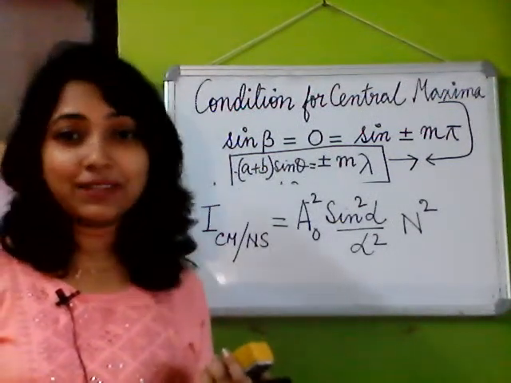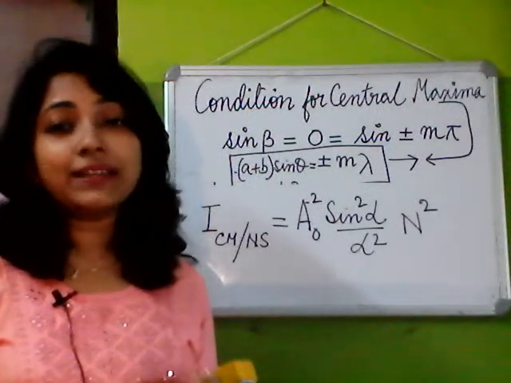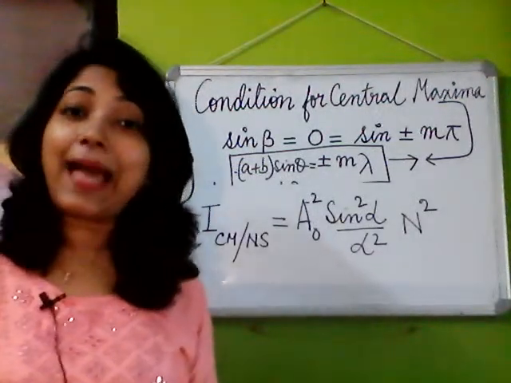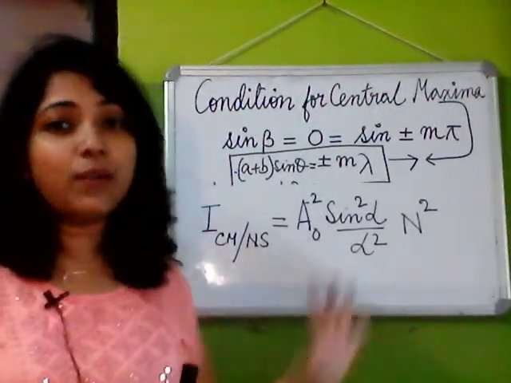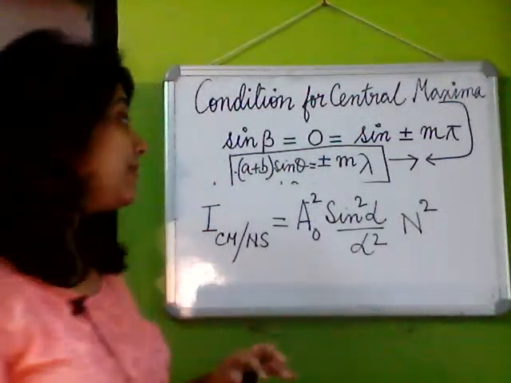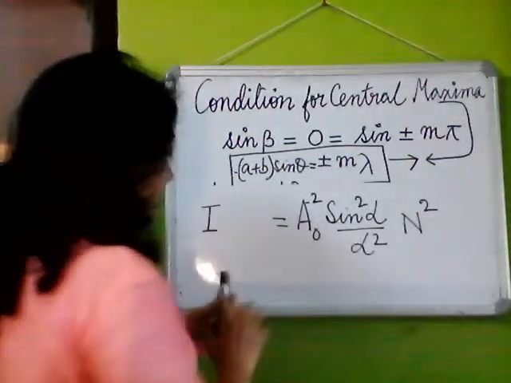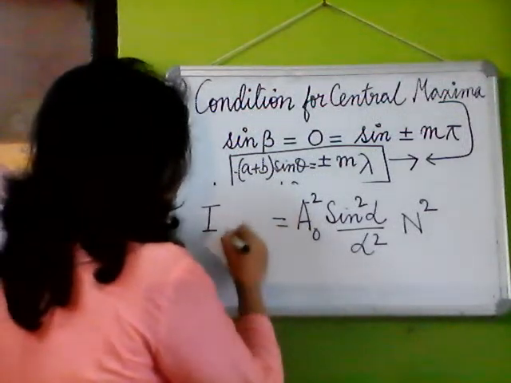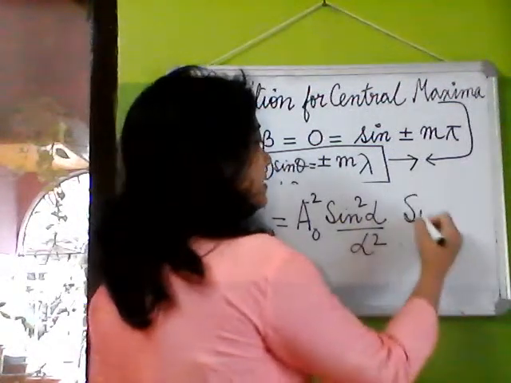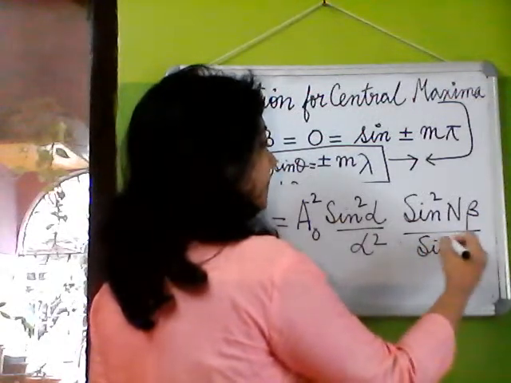After calculating the path difference, we moved forward to the phase difference. From the phase difference between these n number of sources, we then found out the resultant amplitude of these individual sources when they have superposed. And from the resultant amplitude, we received the formula for resultant intensity, which we found as sine square n beta by sine square beta.